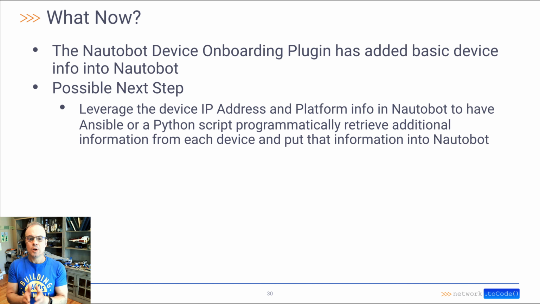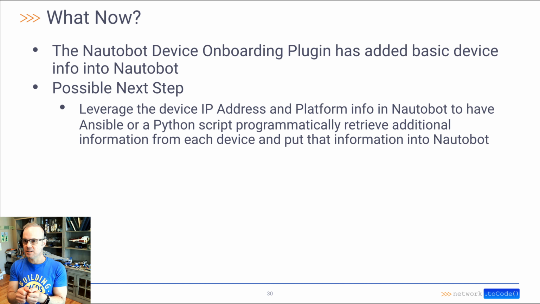And what now? So you've used Nautobot device onboarding plugin to add basic device information into Nautobot. One possible next step might be to leverage that basic information in Nautobot for each device, such as the IP address and platform information, to allow something like Ansible or a Python script to programmatically use that information to access the same network devices and retrieve additional information from each device and put that more sophisticated information into Nautobot.